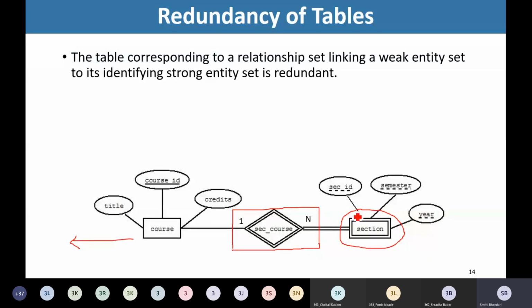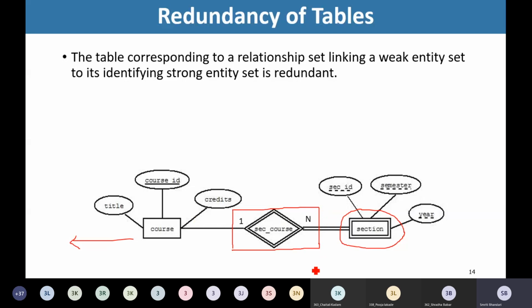And what we did in the table of the weak entity set is we added all the attributes of the weak entity set along with the primary key of the associated strong entity set on which this weak entity set is dependent.